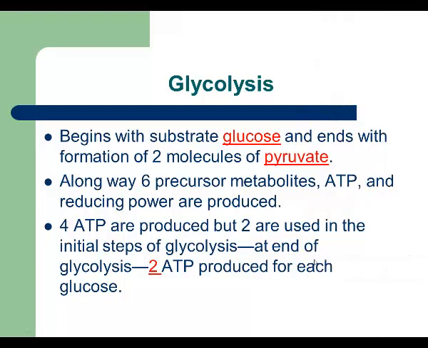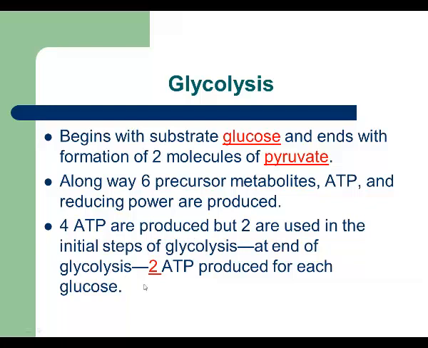Alright, let's repeat all the information about catabolic pathways once again. The first pathway is glycolysis. It forms 6 precursor metabolites. It also makes 4 ATPs. Remember, 2 of those ATPs will be used in the beginning of glycolysis.